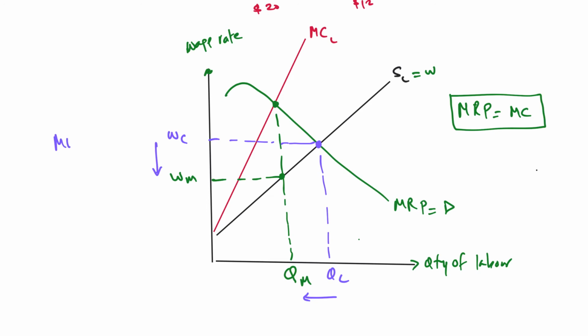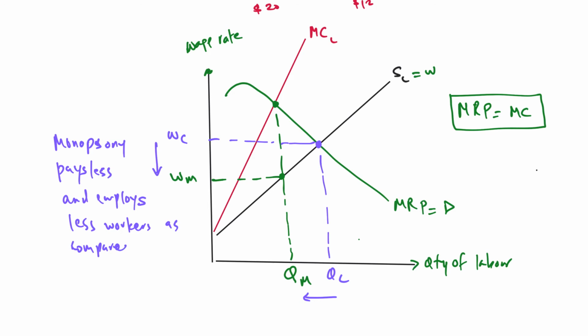So the question that comes is, does monopsony exploit its workers? And the answer is yes, because monopsony pays less and employs fewer workers as compared to a perfectly competitive labor market.